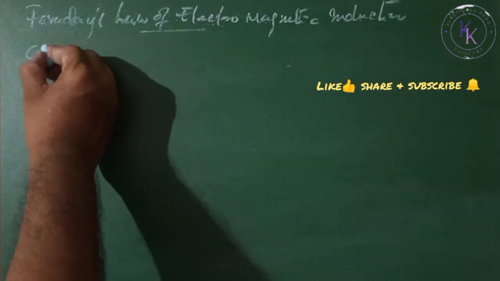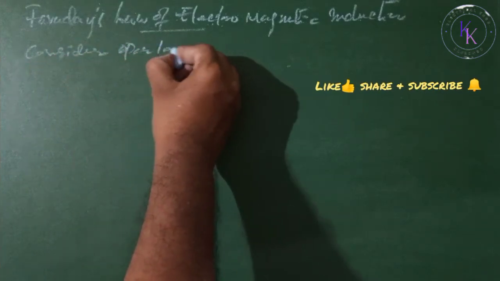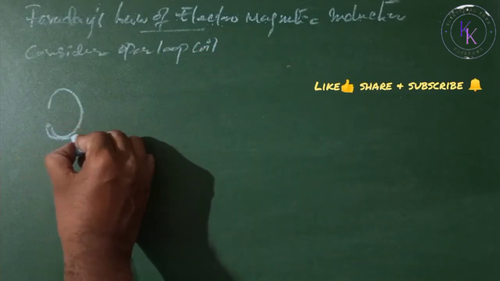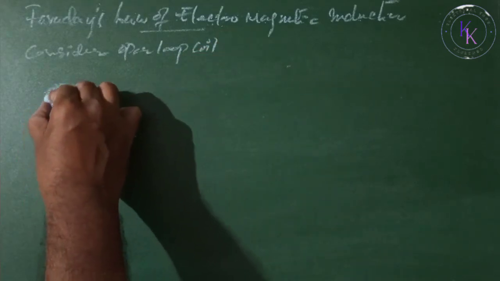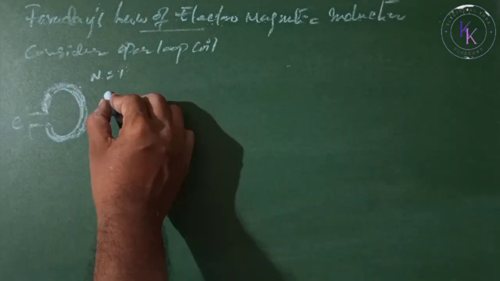Now consider an open loop coil, so N equals 1 in this. I have a magnet.